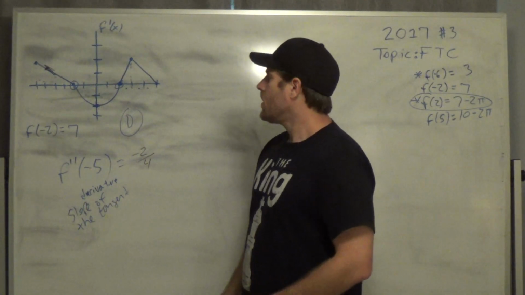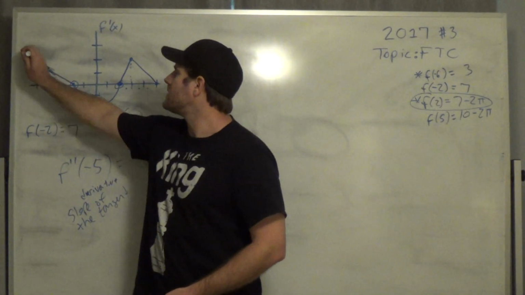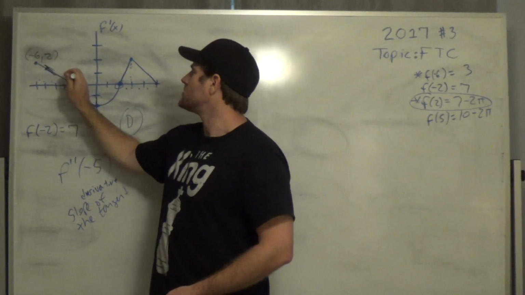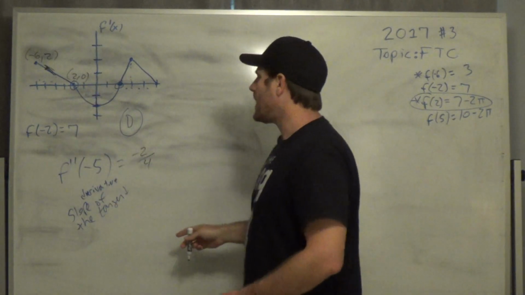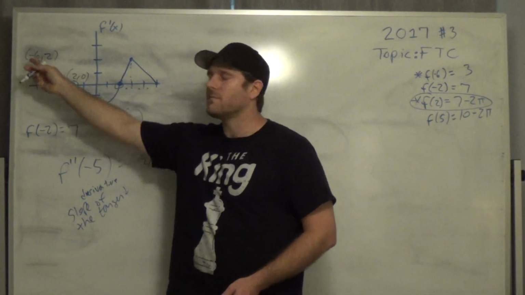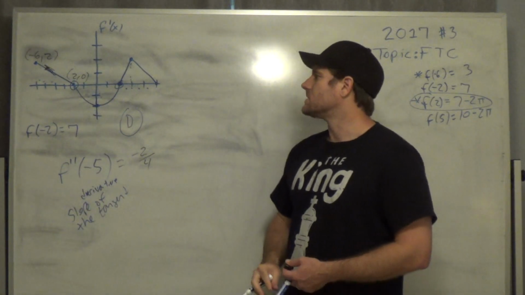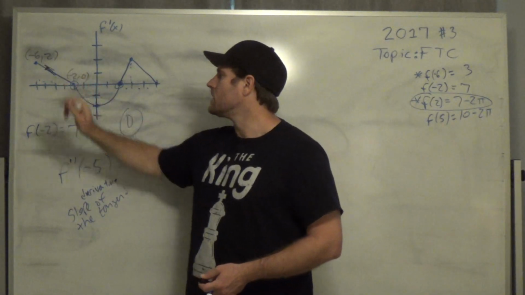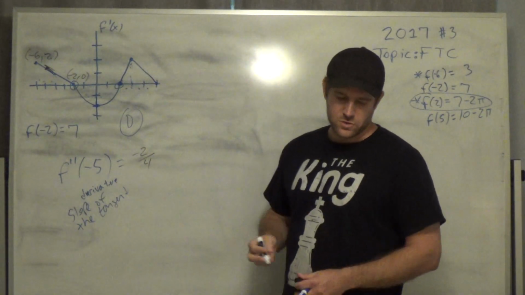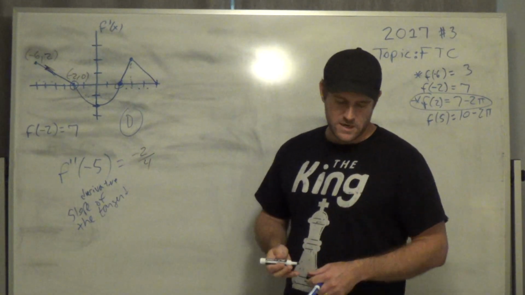You don't have to. Or you could have done, hey, this is the ordered pair negative 6, 2. This is the ordered pair 2, 0. And you could have subtracted the y's on top. 0 minus 2, and then 2 minus negative 6. But anyways, there you go. You just count rise over run for slope. Or you could use old school slope, y2 minus y1 over x2 minus x1.